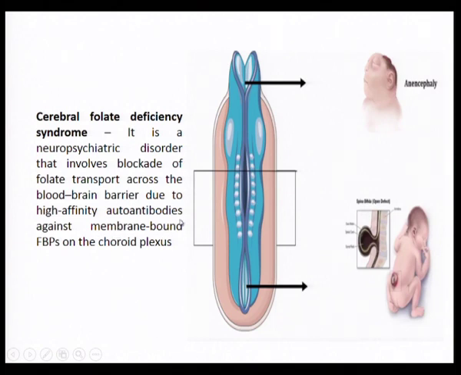Okay. So, these autoimmune antibodies, especially high affinity antibodies, go and bind to this particular carrier protein, folate binding protein, where it is present in the choroid plexus. So, you see that this happens very early, and this is a separate condition.